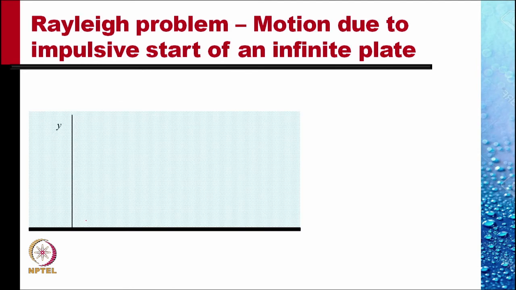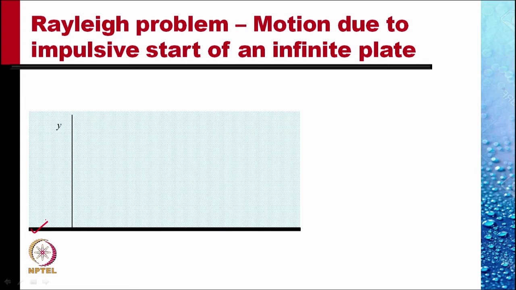Let's do one more problem. The problem is known as Rayleigh's problem, and this is an unsteady flow problem. It is the motion due to impulsive start of an infinite plate. Let this infinite plate be sitting in the fluid, and the fluid is stationary.